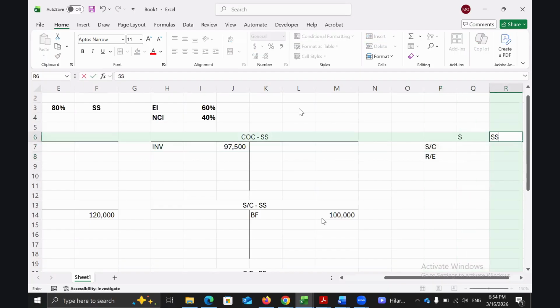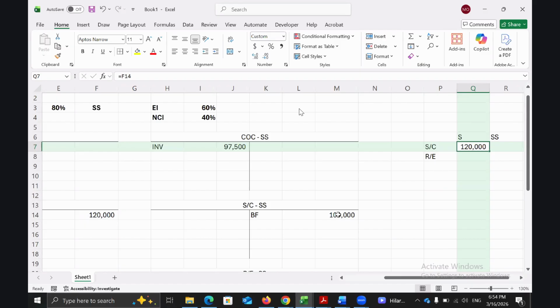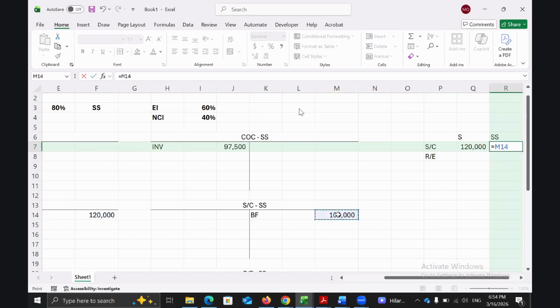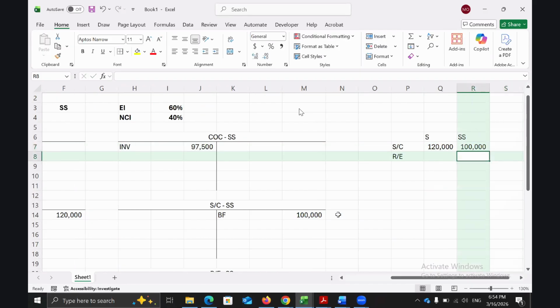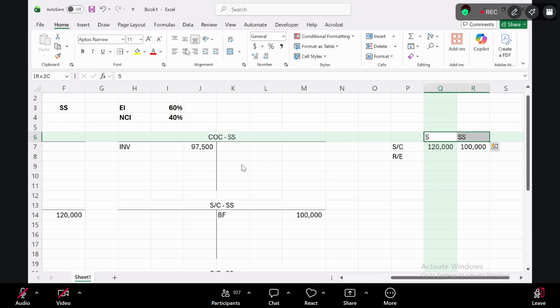Stated capital of SS is 100,000. Then quickly tell me the pre-acquisition retained earnings of S and SS.